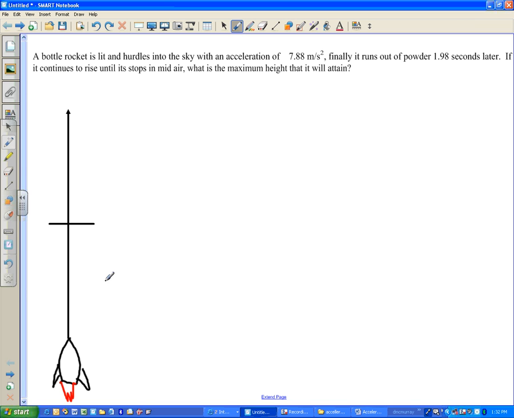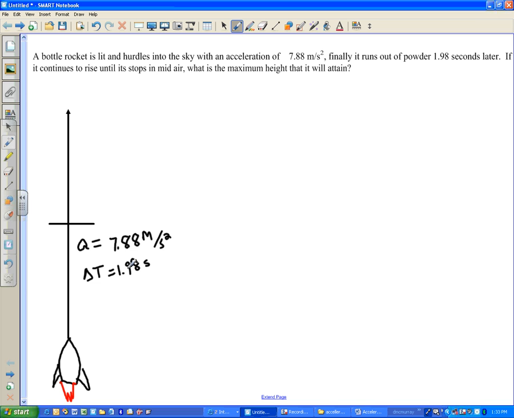The first part is while we have an acceleration, and the acceleration in the first part happens to be 7.88 meters per second squared. In the first part, we also have a change in time, and that change in time for this acceleration equals 1.98 seconds.